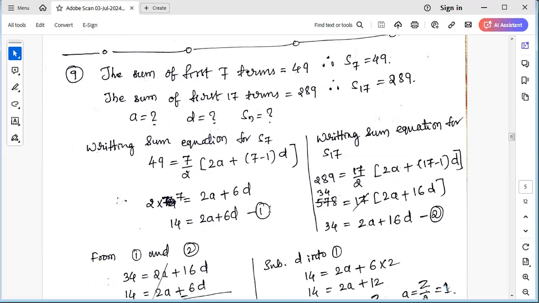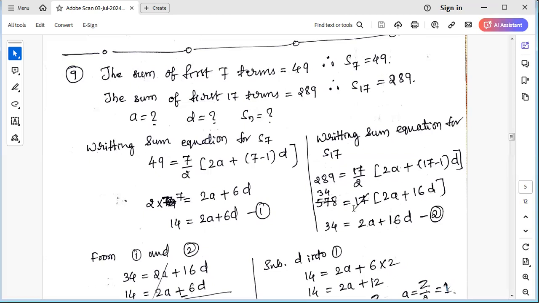Next, similarly, you write the sum equation for S17. Given that S17 is equal to 289. So 289 is equal to 17 divided by 2 into 2a plus 17 minus 1 into d. Now you can cancel this 2: 2 into 289 is 578.